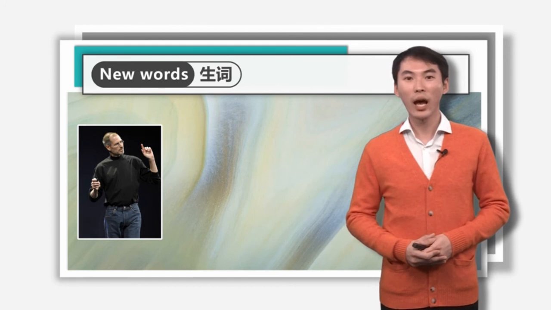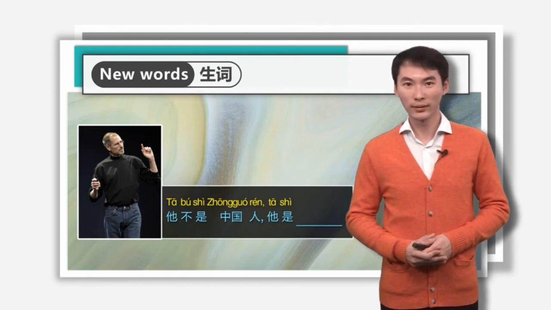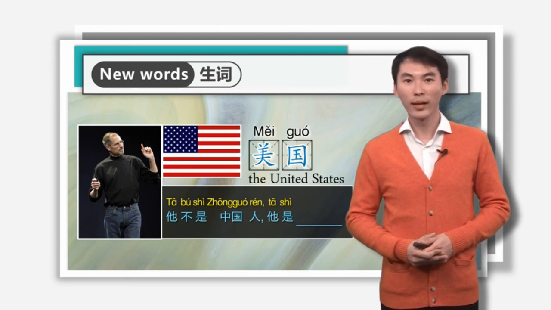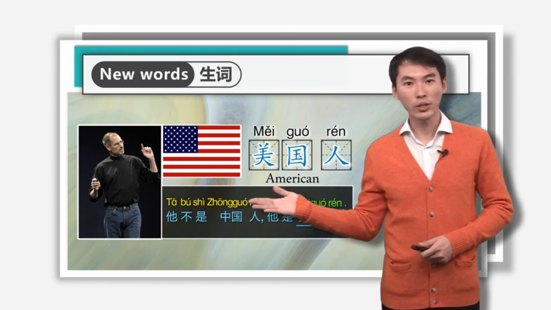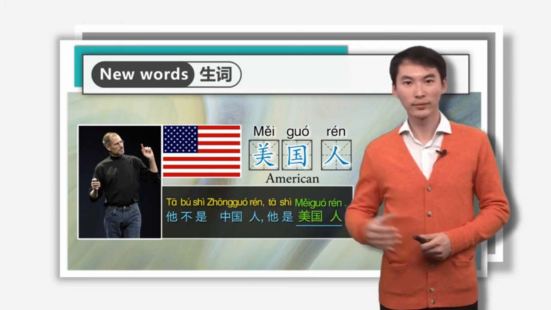You can say, 他不是中国人. 他是... Let's see the new word. 美国, it means the United States of America. 美国人, it means American. 跟我读, 美国人. 他是美国人. Very good.